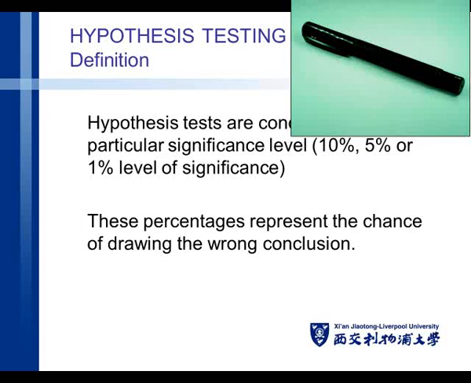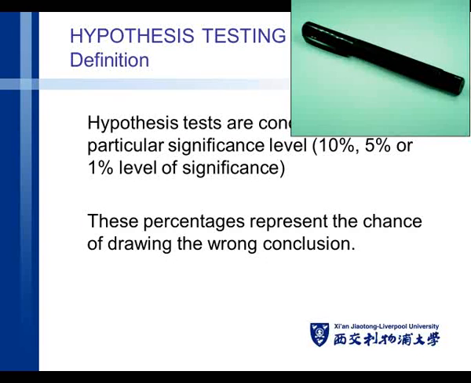Hypothesis tests are conducted at a significance level. Remember when we talked about confidence intervals? We talked about the 90% confidence interval, the 95% confidence interval, the 99% confidence interval. Here, similar idea, we're going to talk about the significance level, basically the rest of the distribution that we're not using.